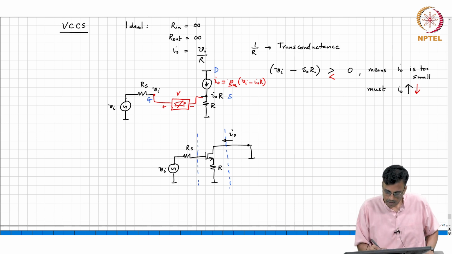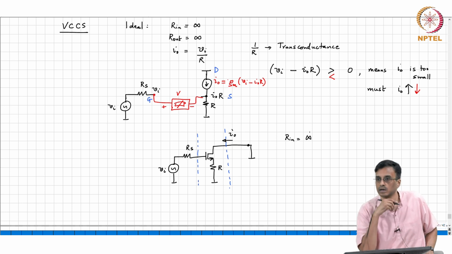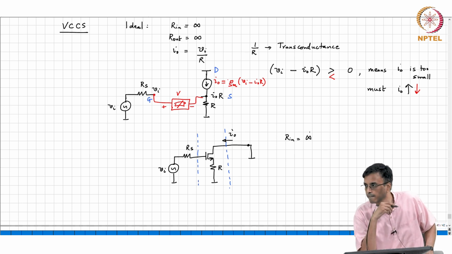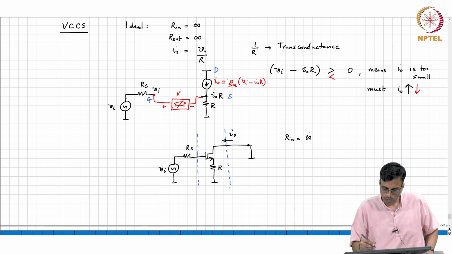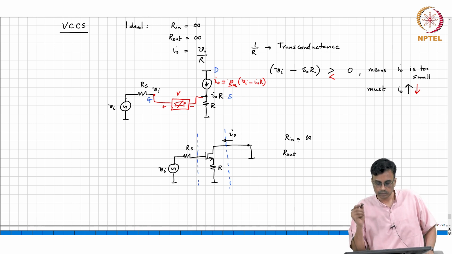So, what is Ri, the input resistance? It is infinite. Is that clear? What is the output resistance? Why?